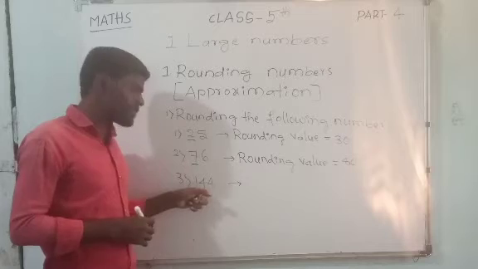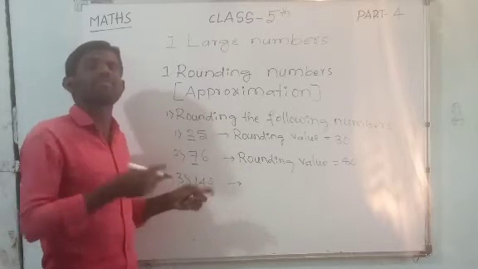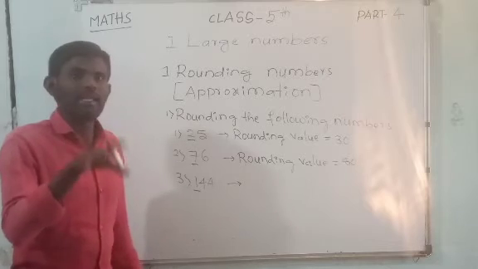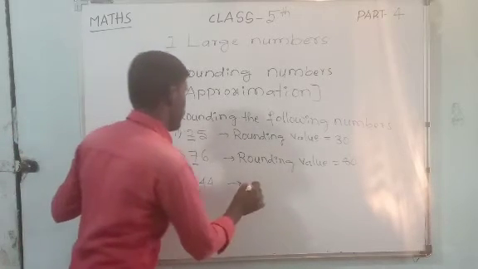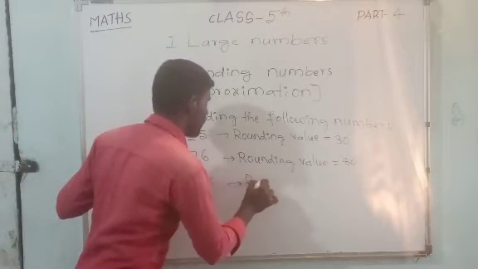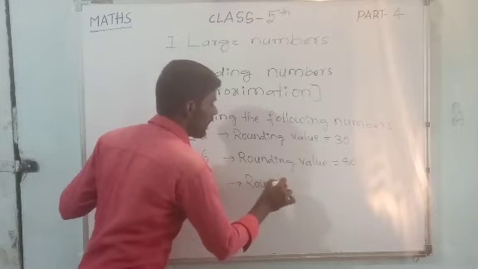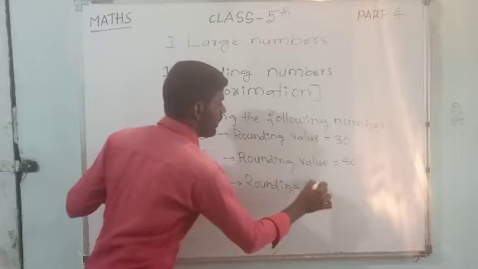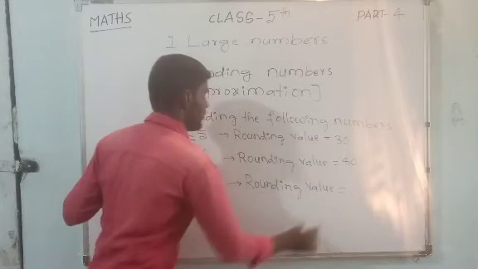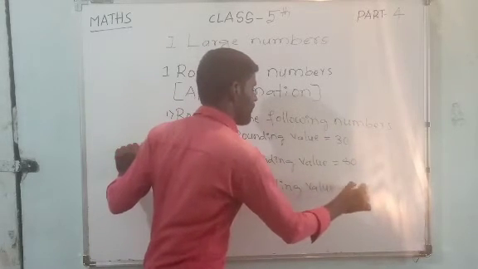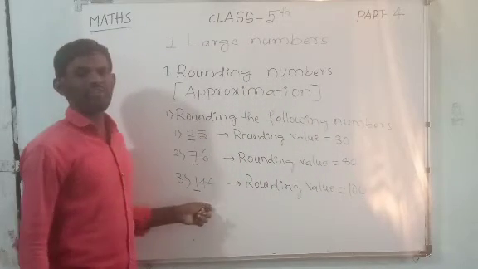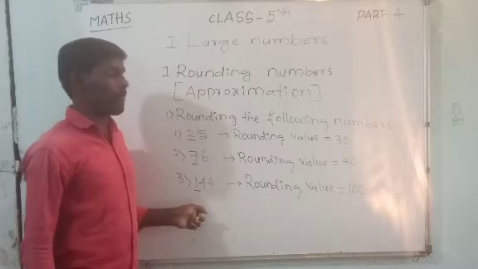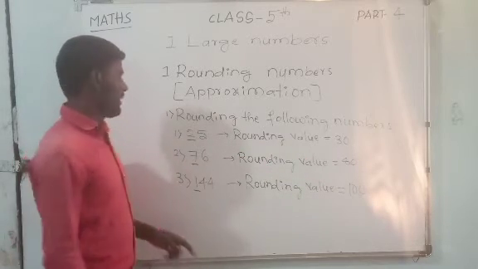Here the number present in the 10th place is 4, which is less than 5. Write as it is only. Rounding value is that is 100 itself, 100 only. Here 144, if I underline it for the 100 place, is approximately equal to 100.